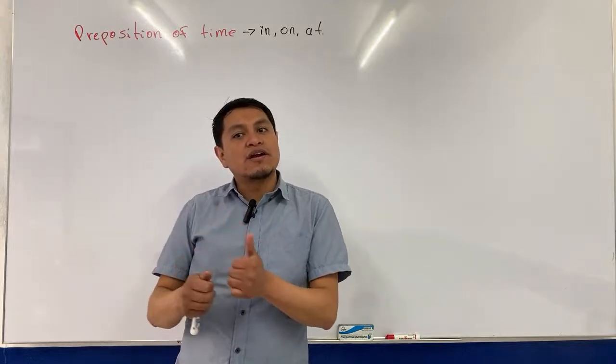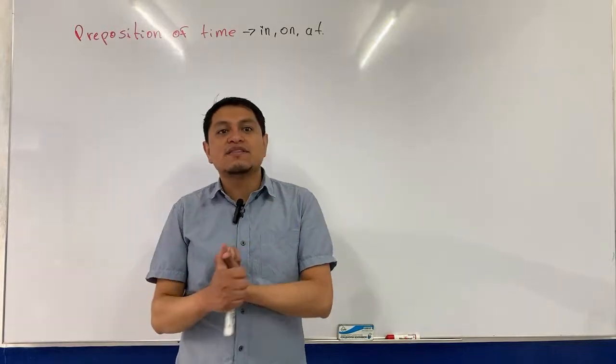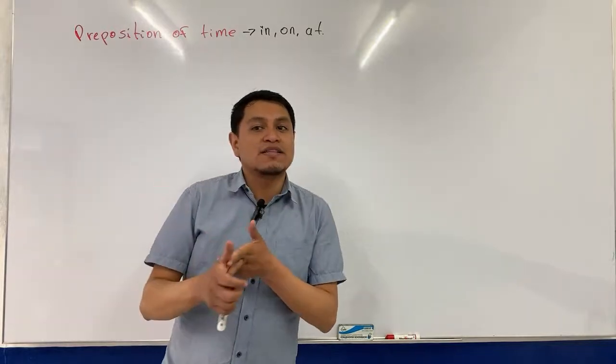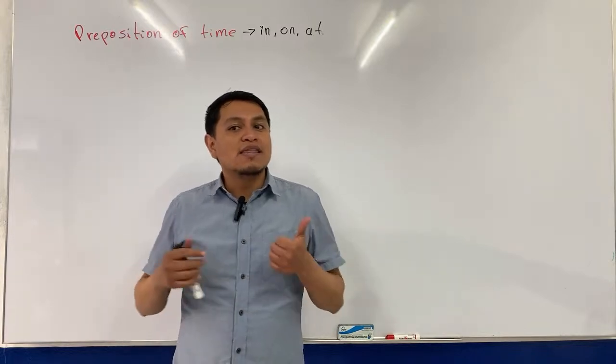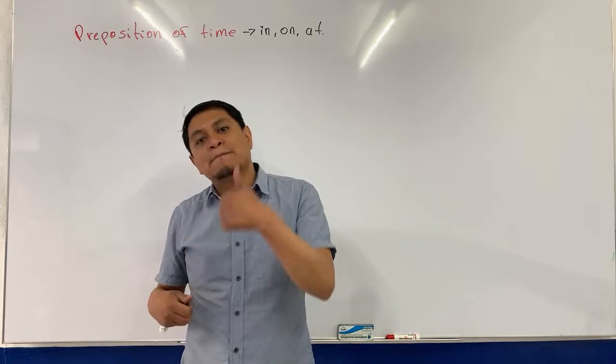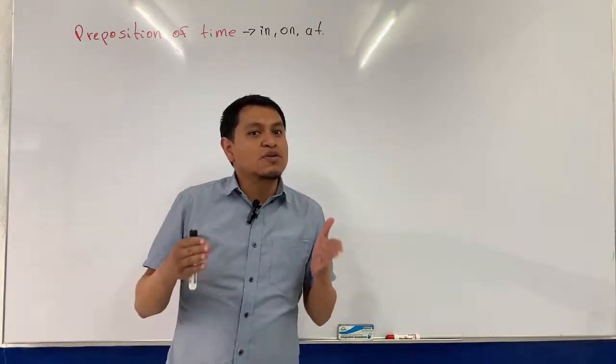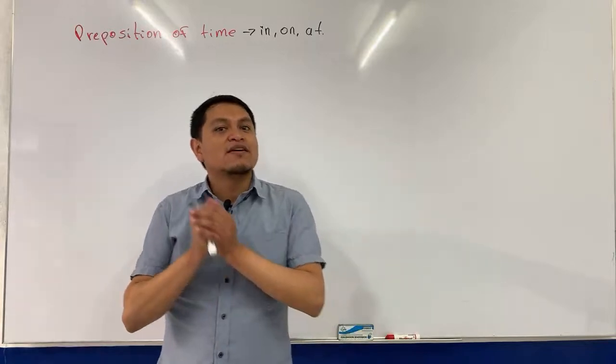Then we will learn to use there is and there are in affirmative, negative, and interrogative sentences. We will leave some tasks for you and do some exercises. We have a lot of work to do, so let's do it, right?